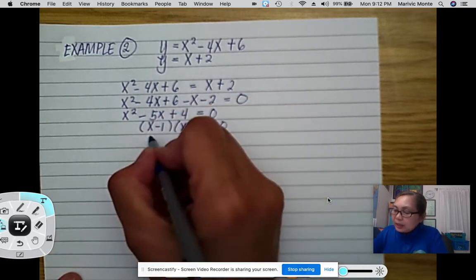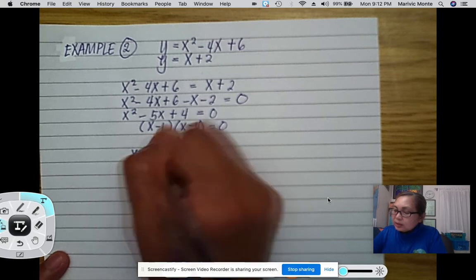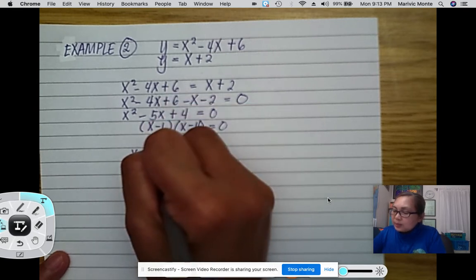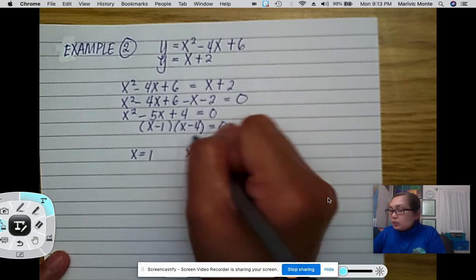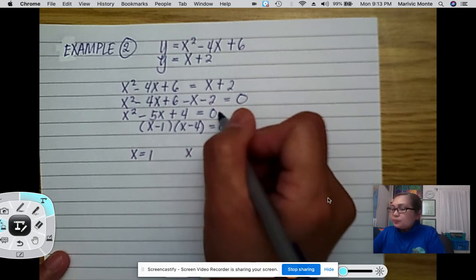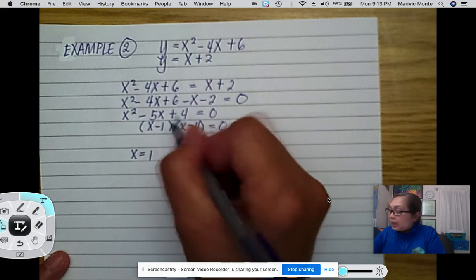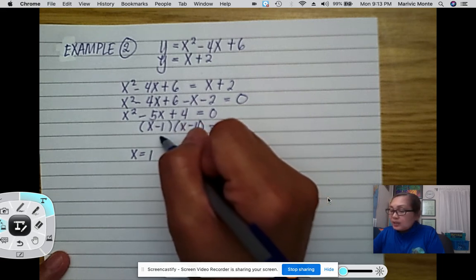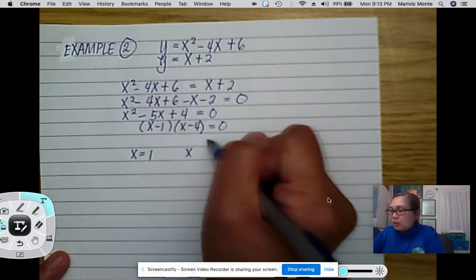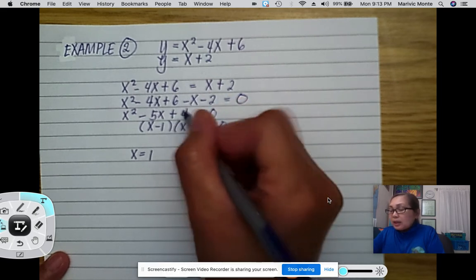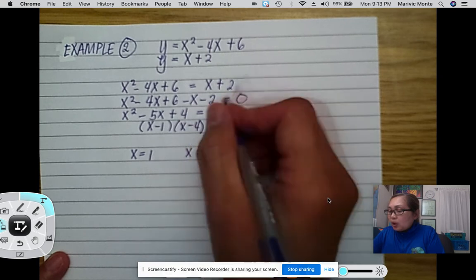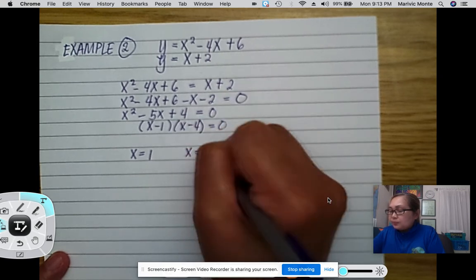And that gives me x equals, the opposite of minus 1, which is positive 1. That is because when you equate them to 0, you can manipulate this factored form such that x minus 1 equals 0 and x minus 4 equals 0. So I can just directly get the opposite of those values.